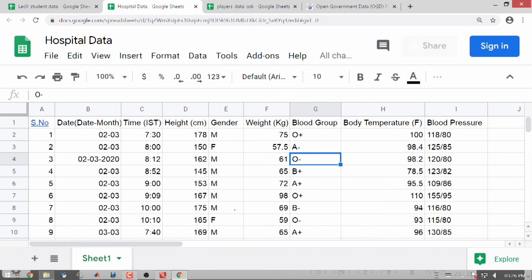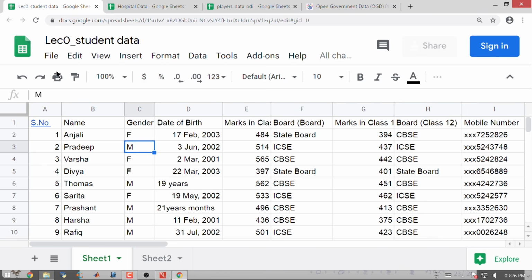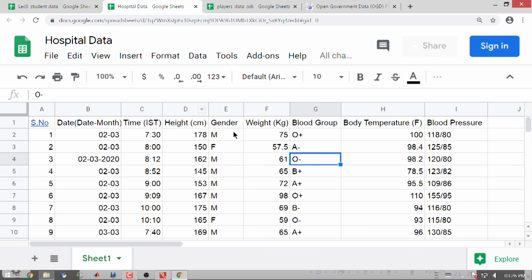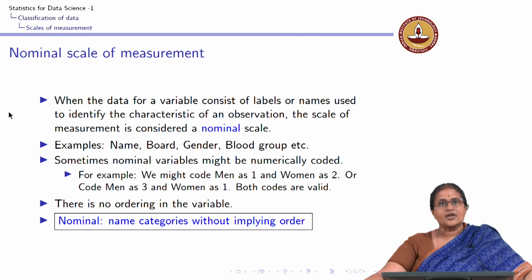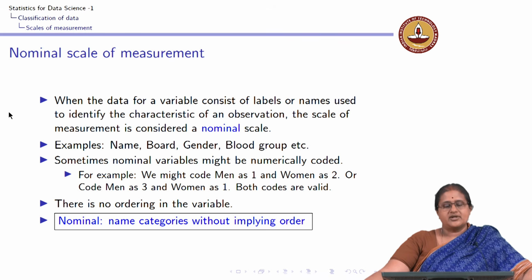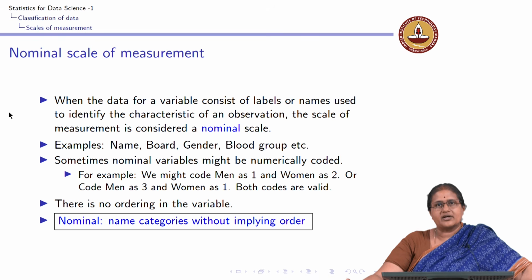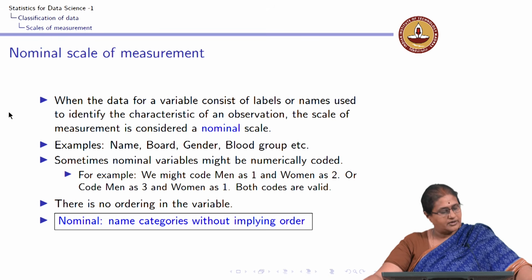Going back to our data sets, in the student data set, name, gender, board are nominal variables. In a blood bank data set, we have gender and blood group, which are nominal variables. In the cricketing data set, jersey number is a nominal variable, the role of batsman is a nominal variable, and the player name is a nominal variable. So, nominal scale of measurement is used when I have named categories without implying any order.